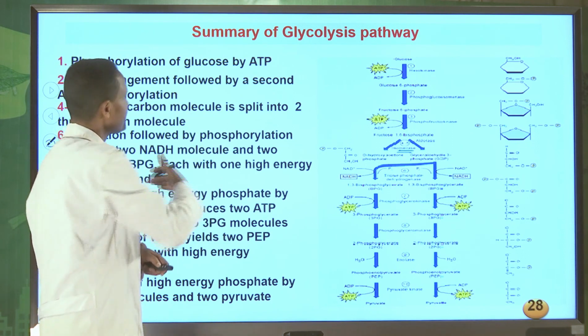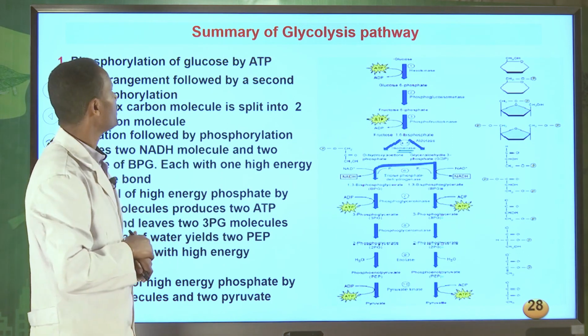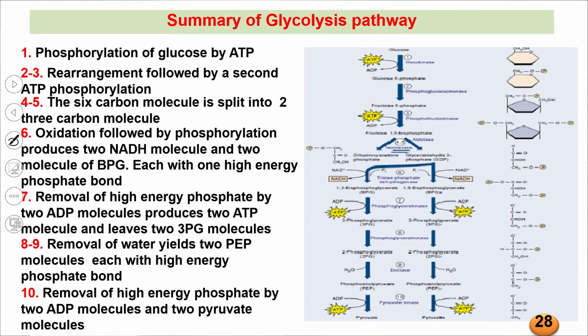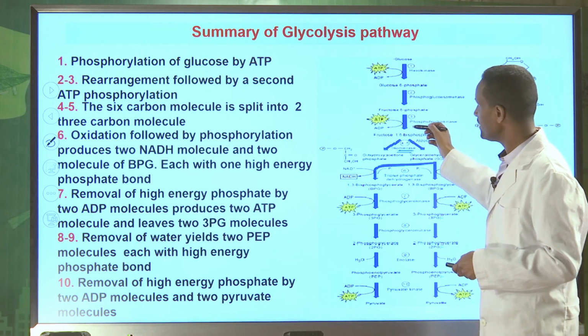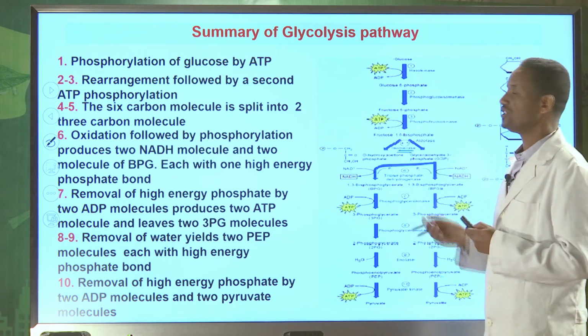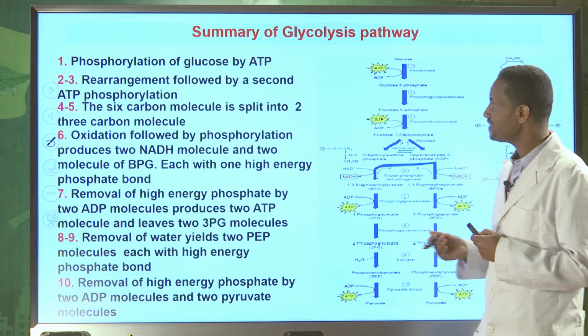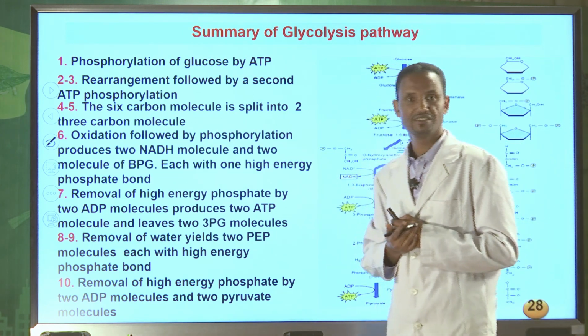Here, to summarize the glycolysis pathway: in reaction 1, phosphorylation of glucose by ATP. Here are reactions 2 and 3, rearrangement followed by the second ATP phosphorylation.